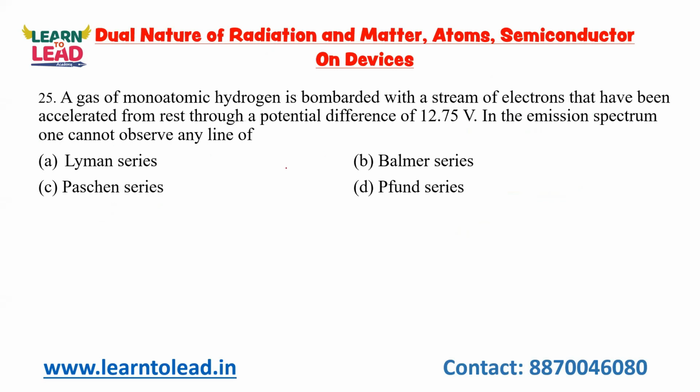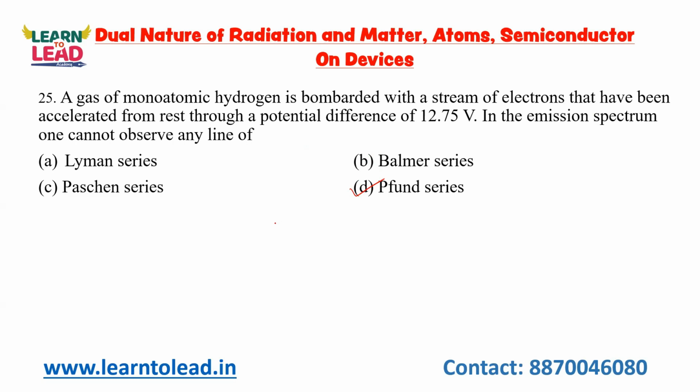Next, a gas of monoatomic hydrogen is bombarded with a stream of electrons that have been accelerated from rest through a potential difference of 12.75 volts. In this emission spectrum, one cannot observe any line of the Pfund series.